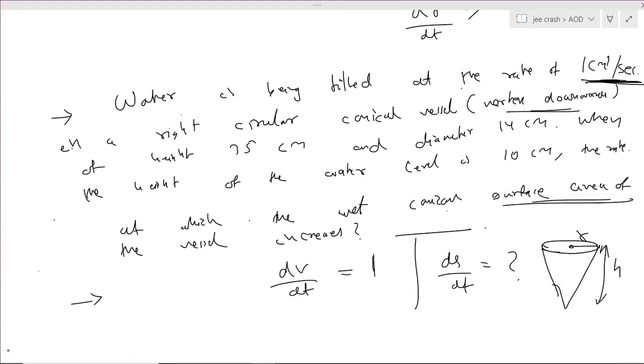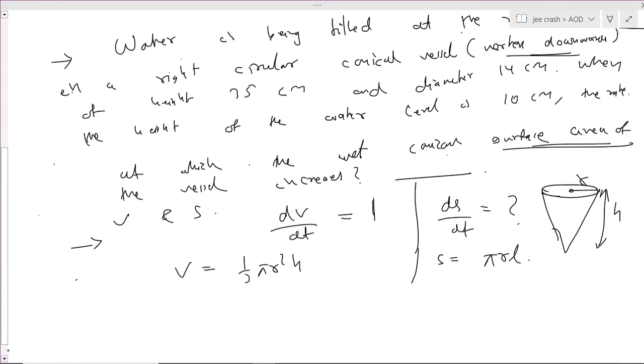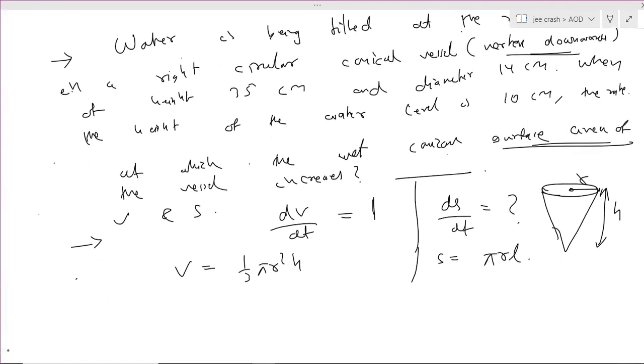So all you have to do is find a relation between V and S. The formula of volume of a cone is 1/3 pi r square h. Notice the surface area of the cone is pi rl. And to find L, we can use Pythagoras.